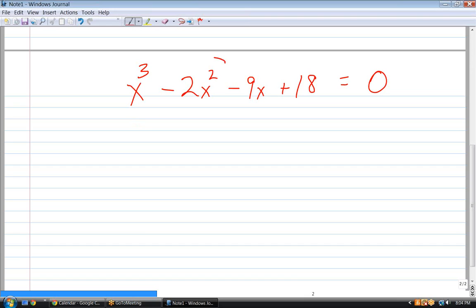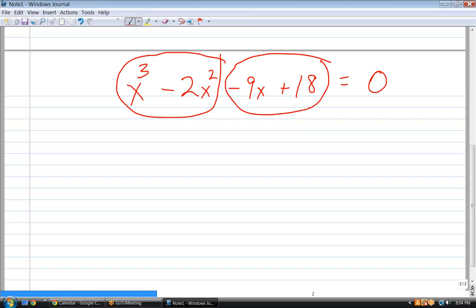Okay, here's what I'm going to do. I'm going to group those two numbers together, and I'm going to group these two numbers together, and then watch what happens. Now, I want to put these in a parentheses, so I have to alter it slightly in order to make sure that I get the plus 18.